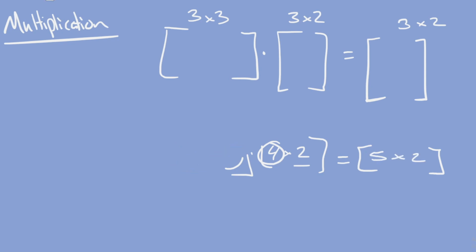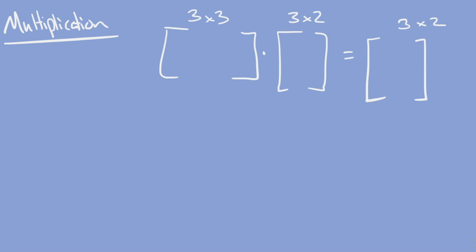So if we start with an example, it's not going to be quite as intuitive as the previous example. So let's just start with a 2 by 2 multiplied by another 2 by 2.